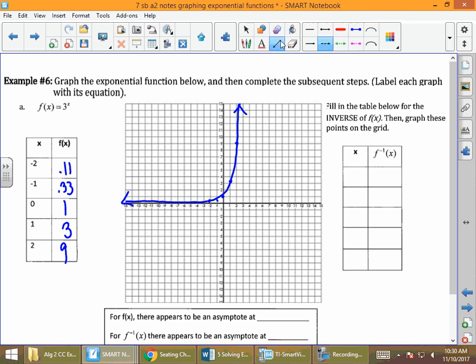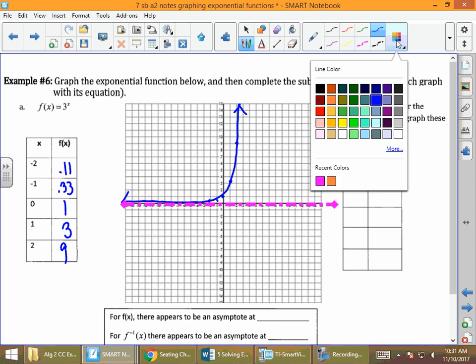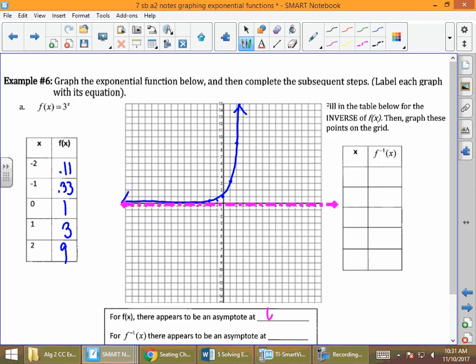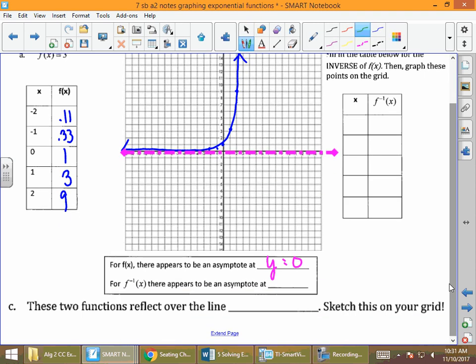Well, it's the same as it was before. We have that asymptote at y equals 0. So the question is, are we going to have an asymptote for our inverse graph at x equals 0 as I fill it in?